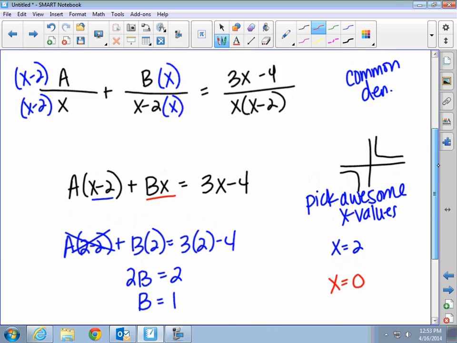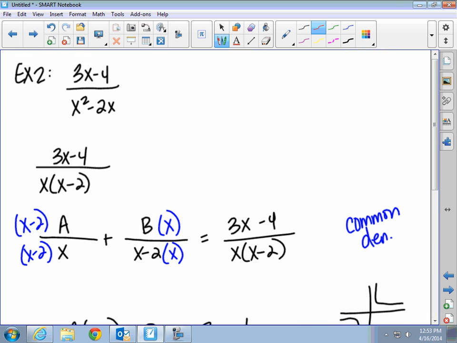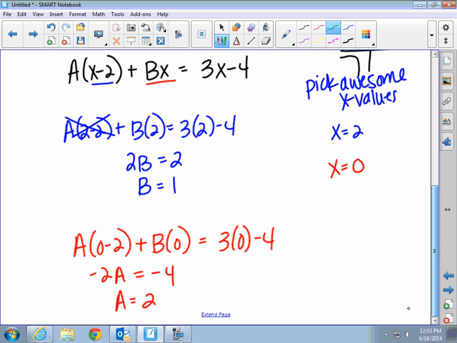Your final answer comes all the way from back right here: a over x and b over x minus 2.